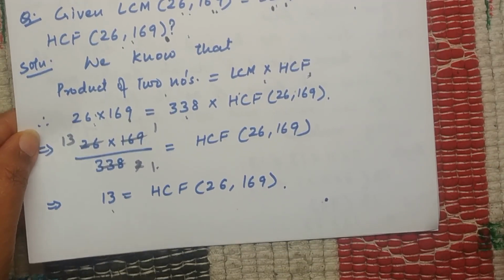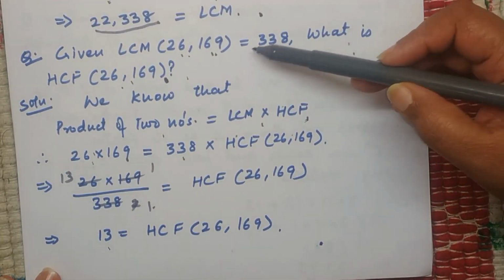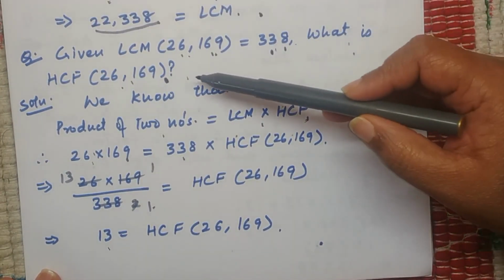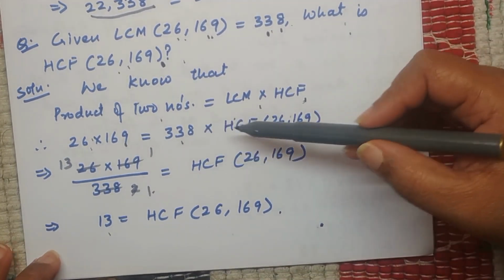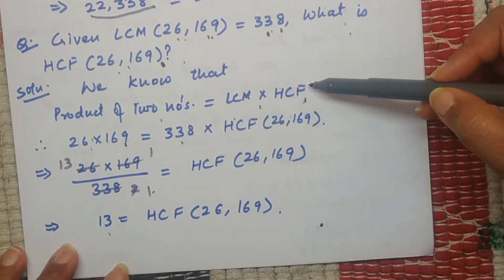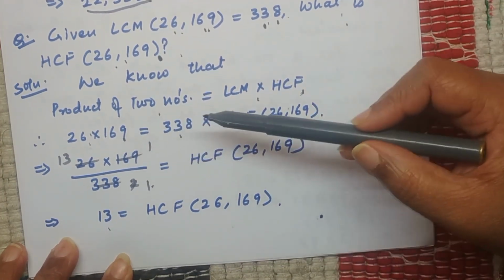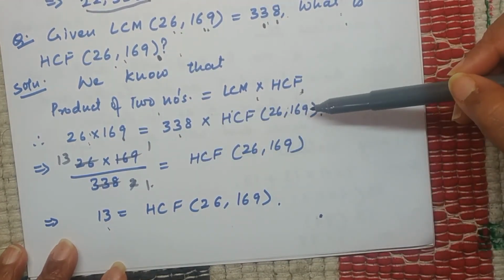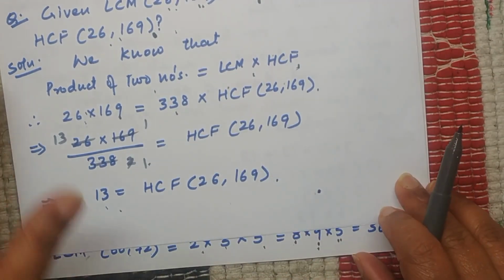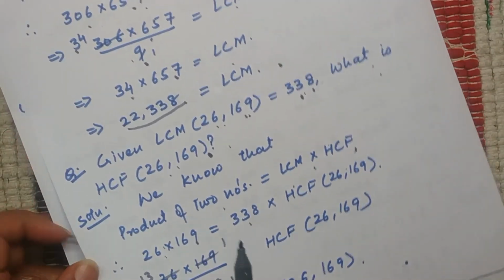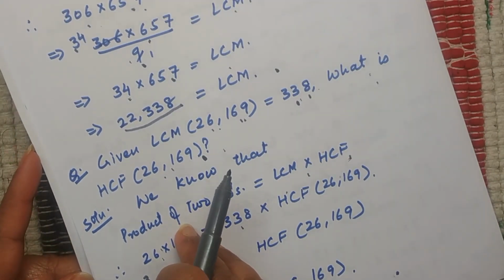Next similar question we discussed, LCM of the numbers is 338. What is the HCF of these two numbers? Again applied the result, product of two numbers is equal to LCM into HCF. So 26 into 169 is equal to 338 into HCF. So we got HCF as 13. Right? Now let us continue with our exercise further.